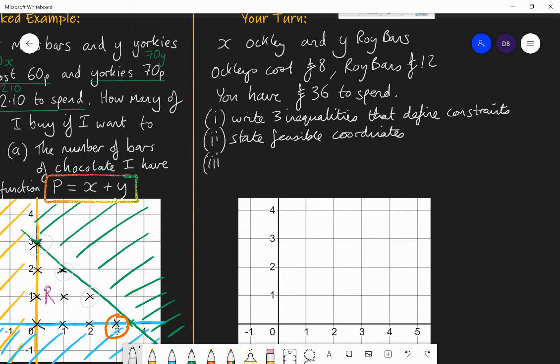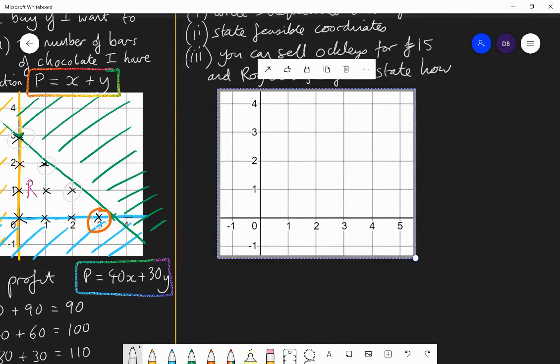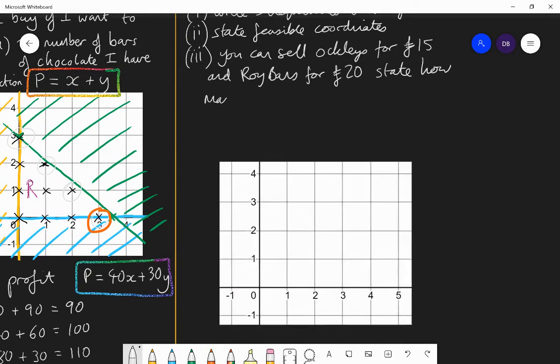Part 3. If you can sell Oakleys for £15 and Ray-Bans for £20, and you want to maximize the profit, state how many of each you should buy to maximize the profit.